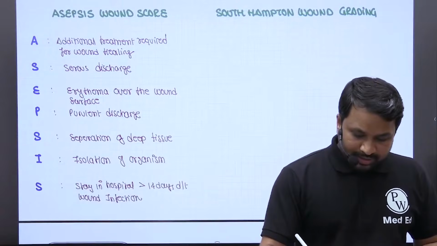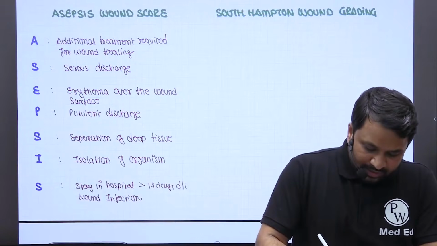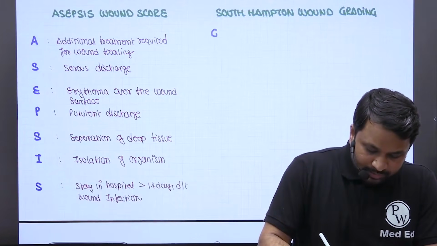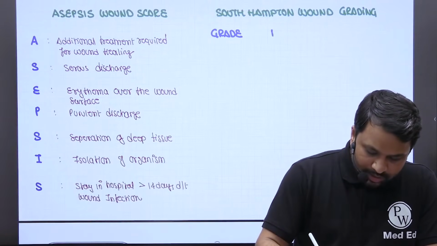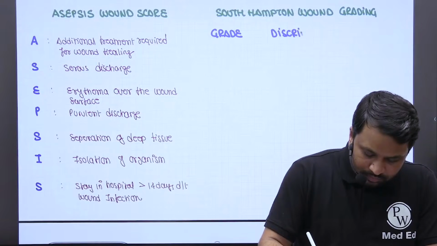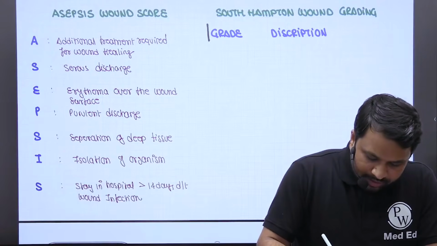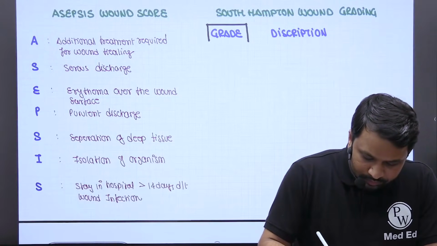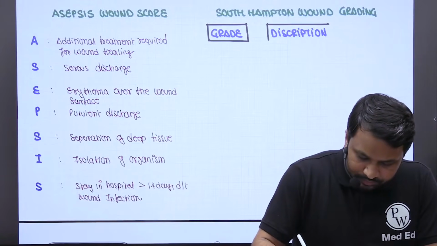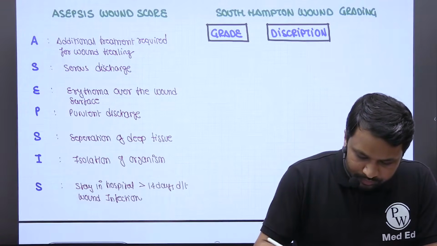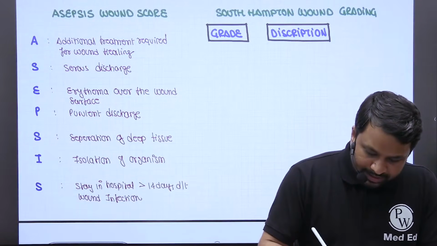When we talk about the Southampton wound grading system, we have the grade and the wound description. Now, let's say you're talking about grade 0.